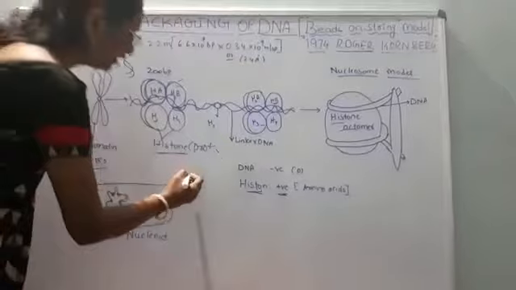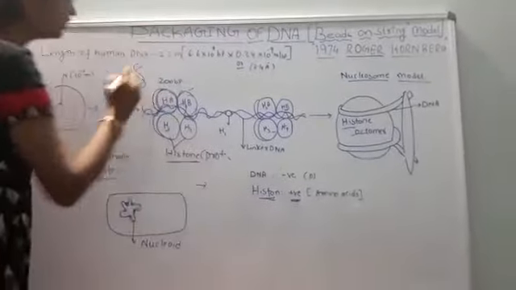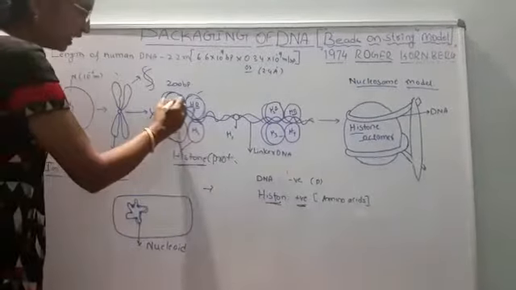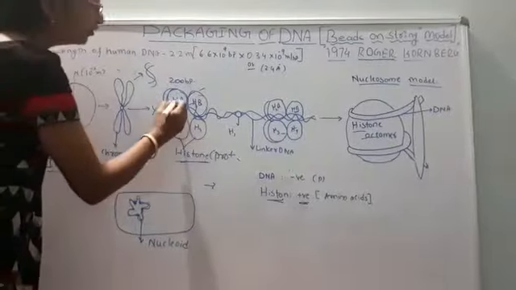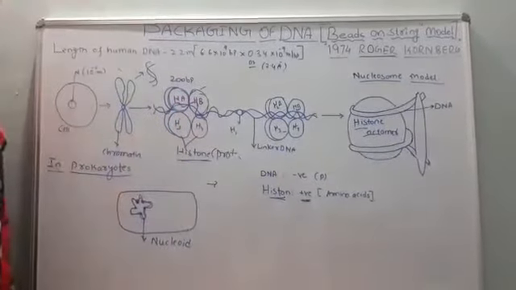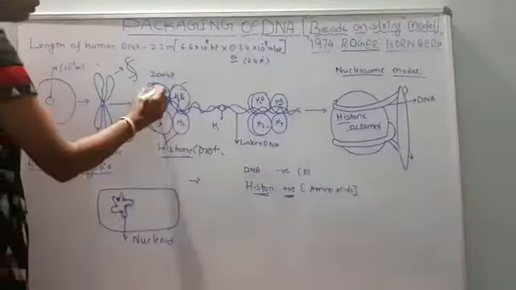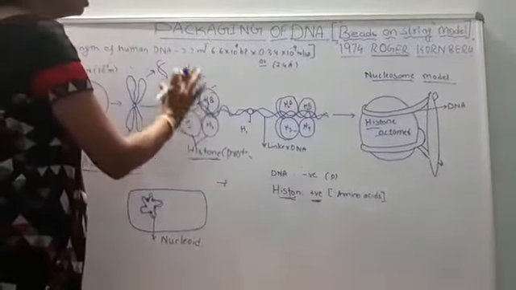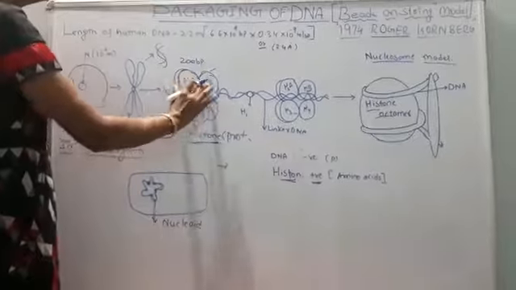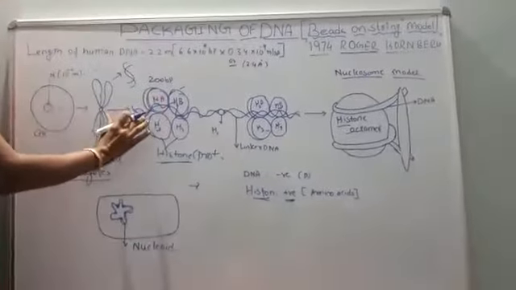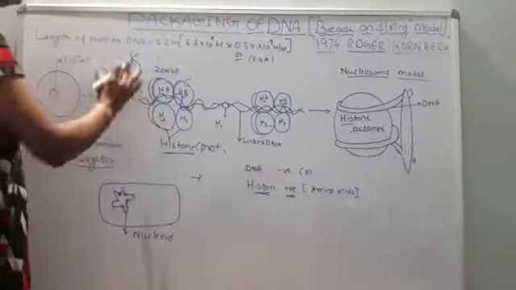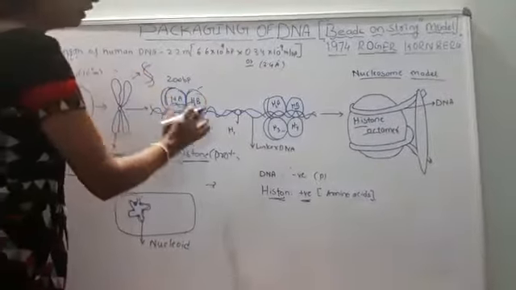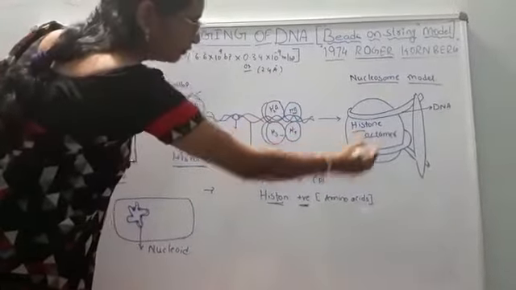In addition to that, as I told you, there are 4 different types of histones found in the nucleosome. Each nucleosome is composed of 4 different types of proteins, organized in the form of a unit called the histone octamer.